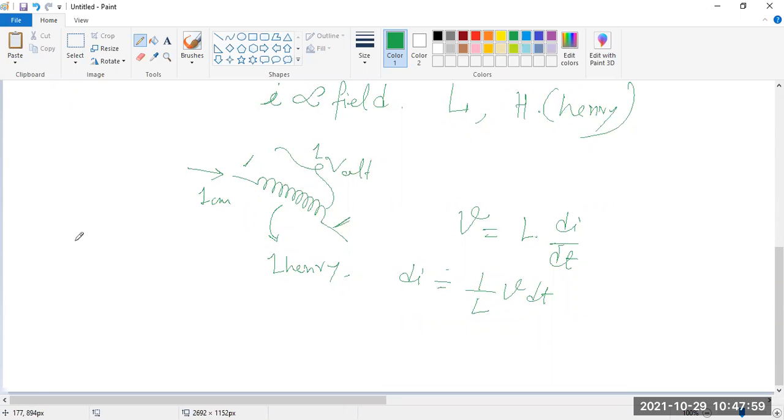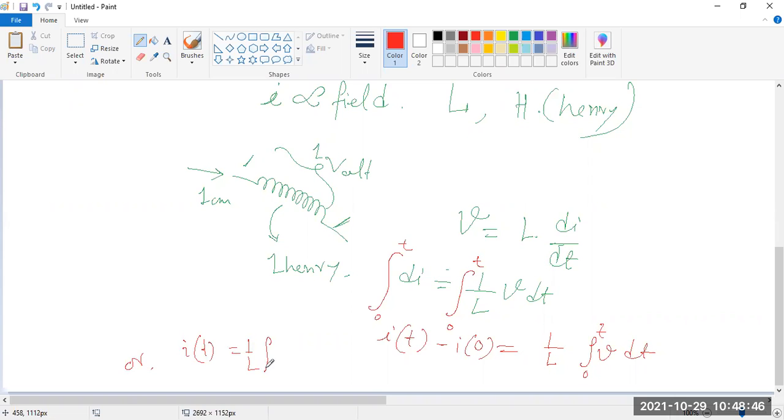Now integrating both sides from 0 to t, we get I(t) minus I0 equal to 1 by L times the integral of V dt.